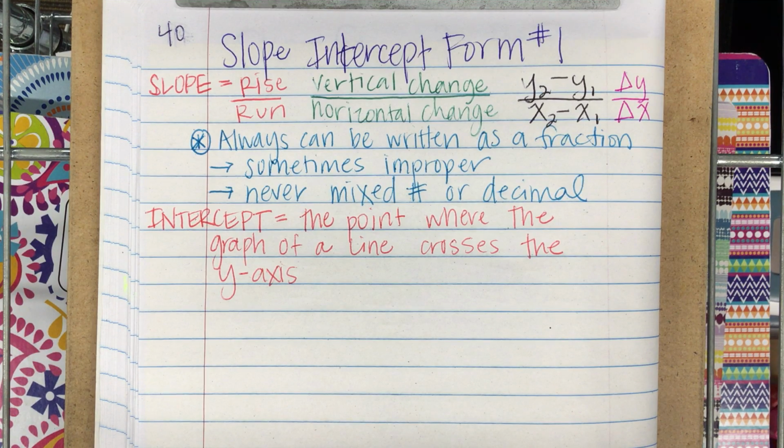It's called a y-intercept because it's where the graph of a line, that diagonal line, crosses the y-axis, and only the y-axis. We're not worried about anything except the y-intercept today.